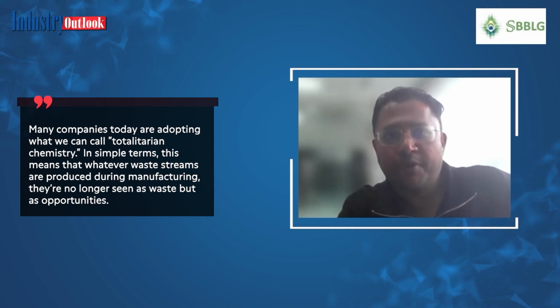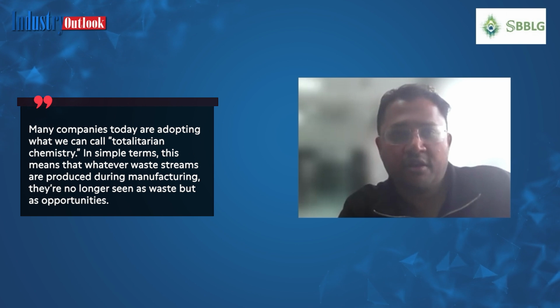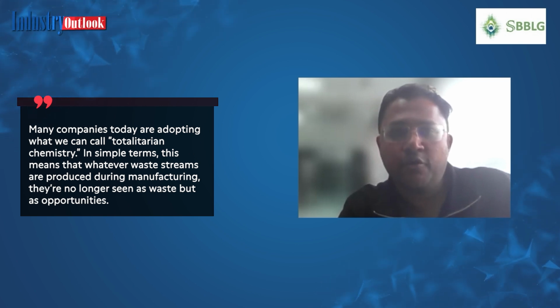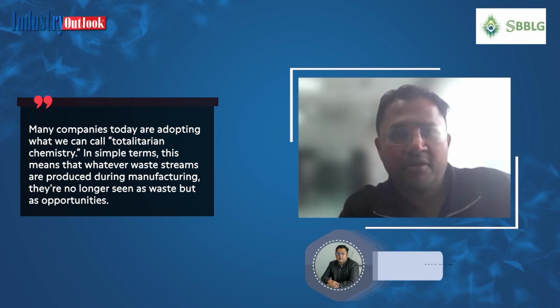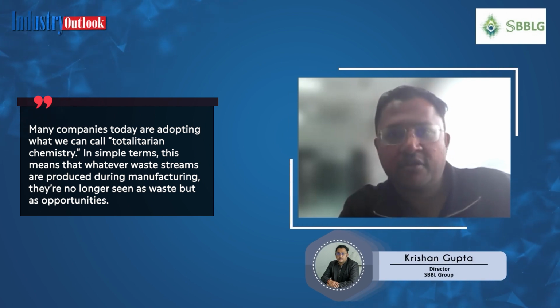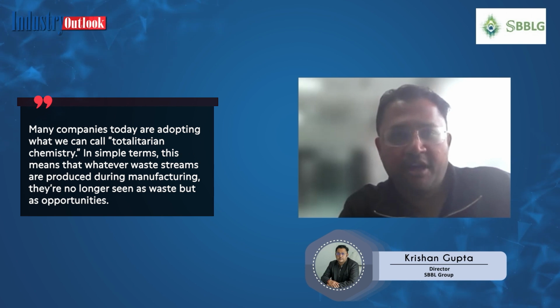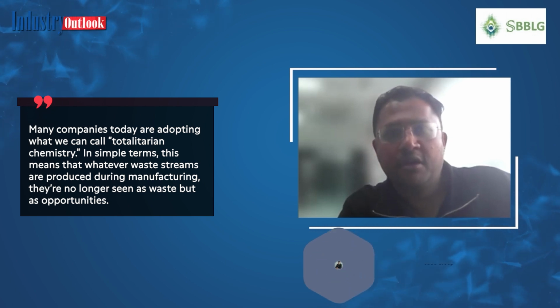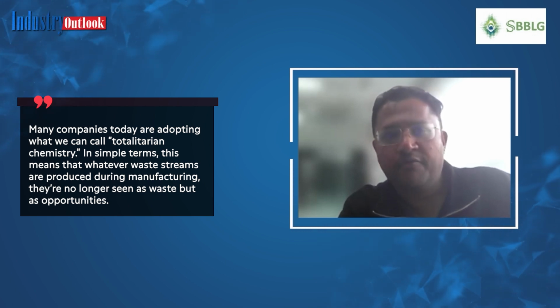So you have to produce value from all your chain. If I just make a product from A to B and don't care about my waste stream, ultimately it is going to be bad for the economic health of my industry on a long-term basis. Ultimately, I can beat the competition only when I am looking at a product in a very total way, that I am making everything out of it with commercial value.